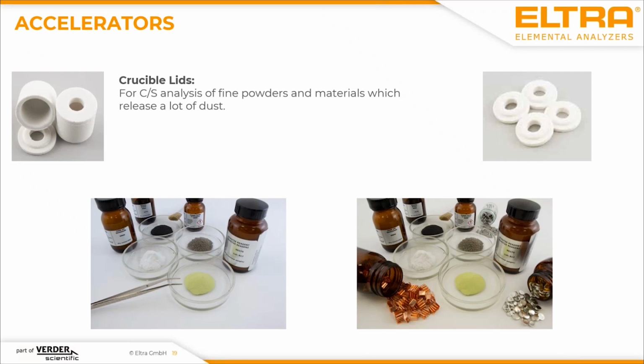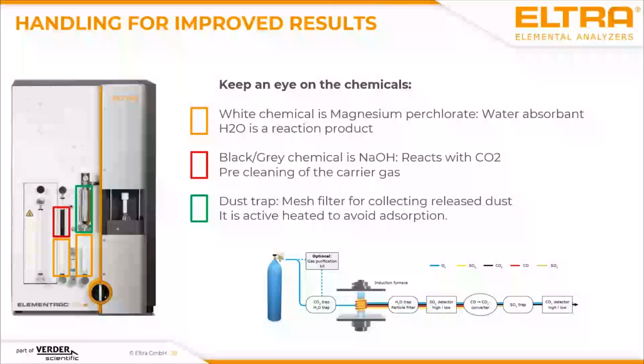So let me continue. I have one thing I would like to stress, and this cannot be stressed enough: the results you get in an elemental analyzer depend very much also on the freshness of the chemicals. So it is very important to change the chemicals from time to time. And this, again, depends a lot on how much sample throughput you have.